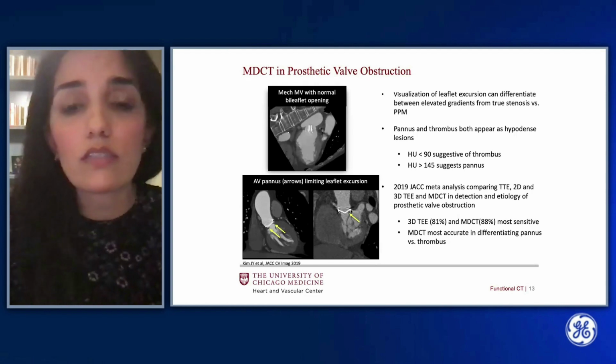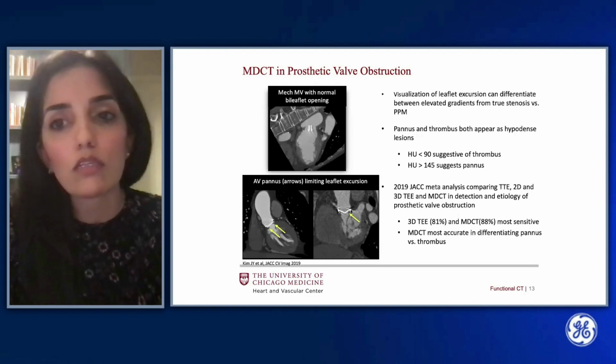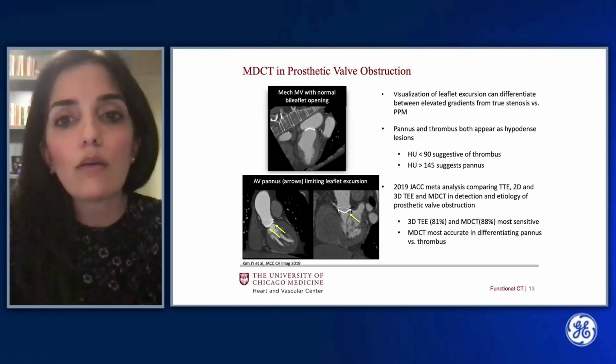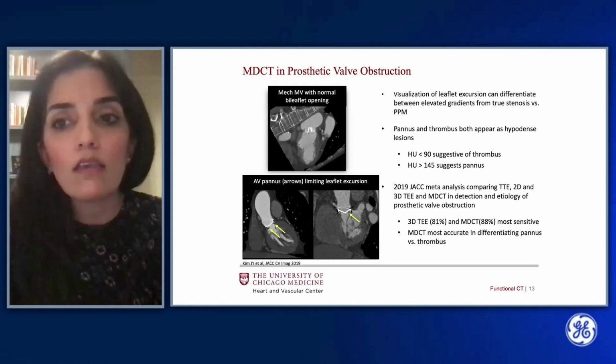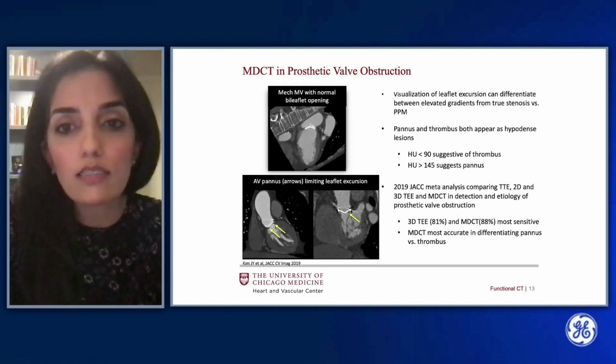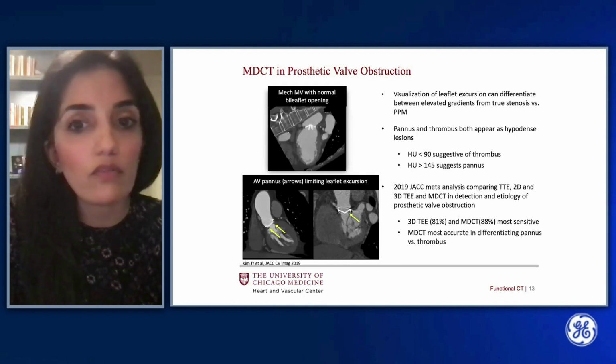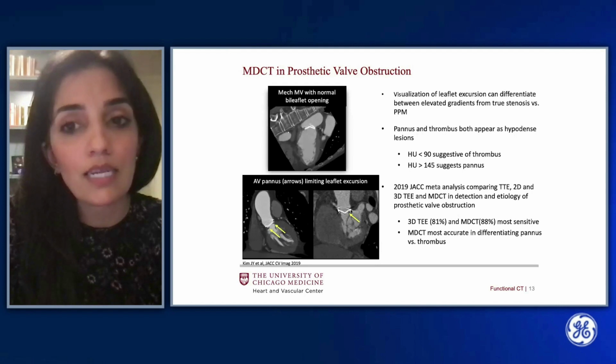This can be difficult to see by echocardiography, particularly with acoustic shadowing and other common artifacts that can obscure leaflet delineation. Another clear advantage with CT is the evaluation of associated hypodense lesions adjacent to or involving the valve, with typical Hounsfield units of thrombus less than about 90 and typical Hounsfield units of pannus greater than 145.